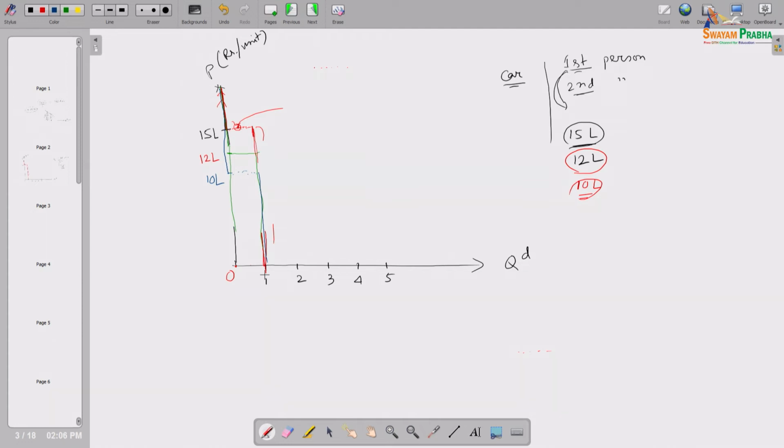Now, if we want to draw the market demand curve in this market, what do we have to do? We have to do a horizontal aggregation of all these demand curves. If we aggregate that, where will we land? Let us go afresh.